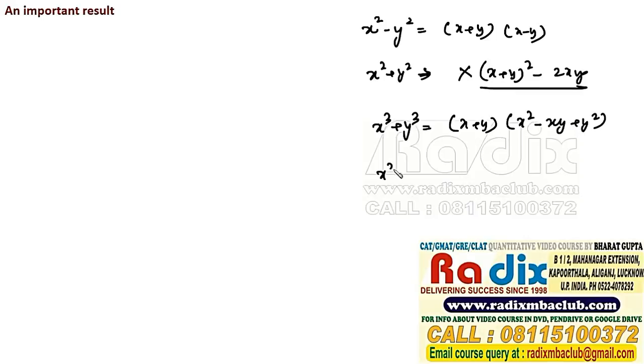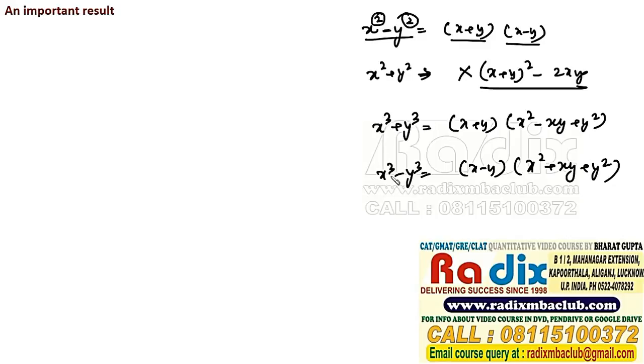If we have x cube minus y cube, it is x minus y, x square plus xy plus y square. So we have two important conditions. See, if we have minus between two numbers with the same powers, here we have 2 powers, so it contains both x plus y and x minus y.